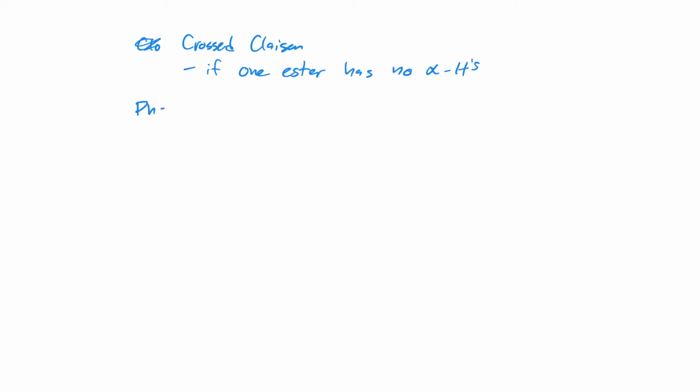We could have this ester where we have a phenyl group on one side, OR on the other. We could have ethyl acetate, as we saw on the previous slide. I could react them with ethoxide, OEt minus, and work that up with H3O plus. And now I will put a red dot here.